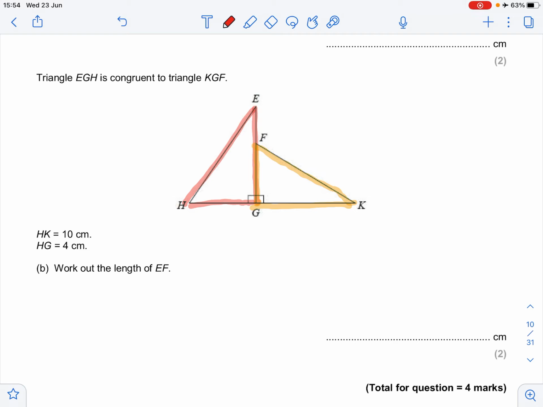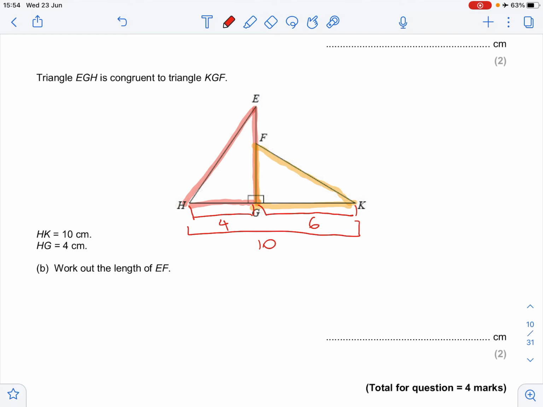So let's label it. We're told that KH, from K to H, this distance is 10. And H to G is 4. Therefore, G to K must be 6.